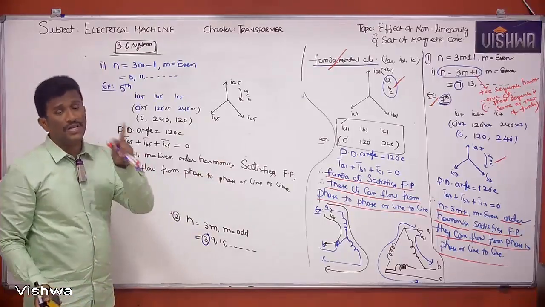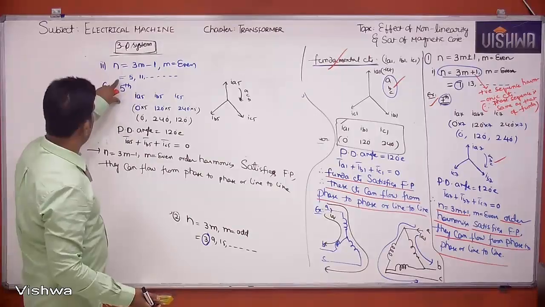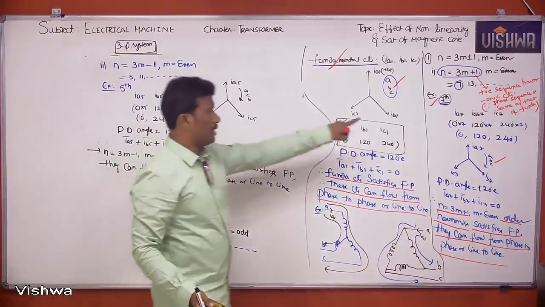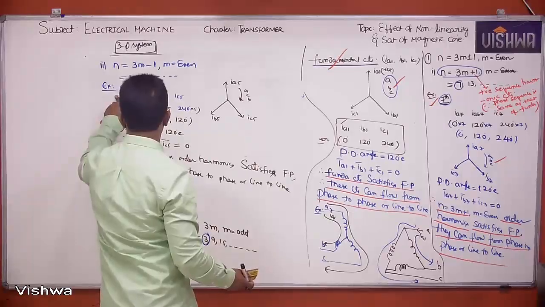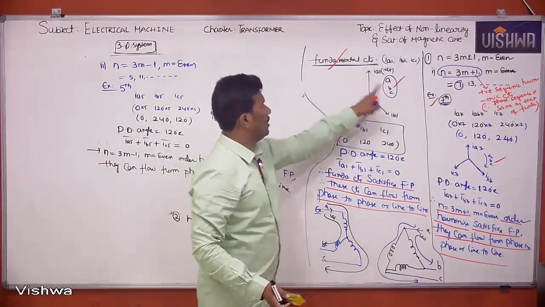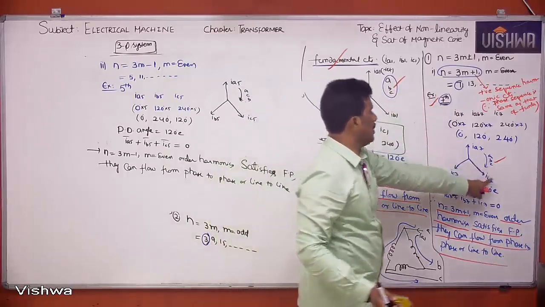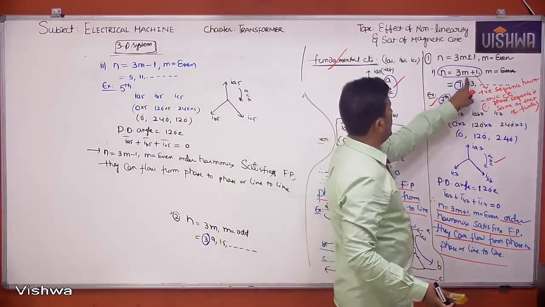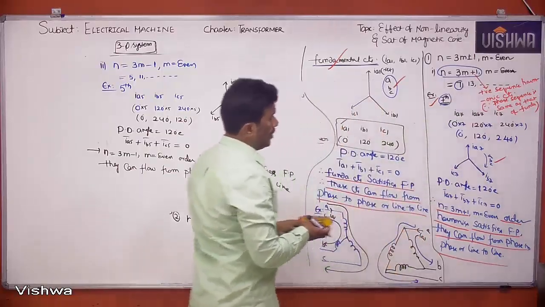But the only difference is between this fifth harmonic and the seventh harmonic. The fundamental and the seventh harmonic are the same, because the phase sequence is ABC here, and ABC there also. That's why we call n equal to 3m plus 1 odd harmonics positive sequence harmonics.